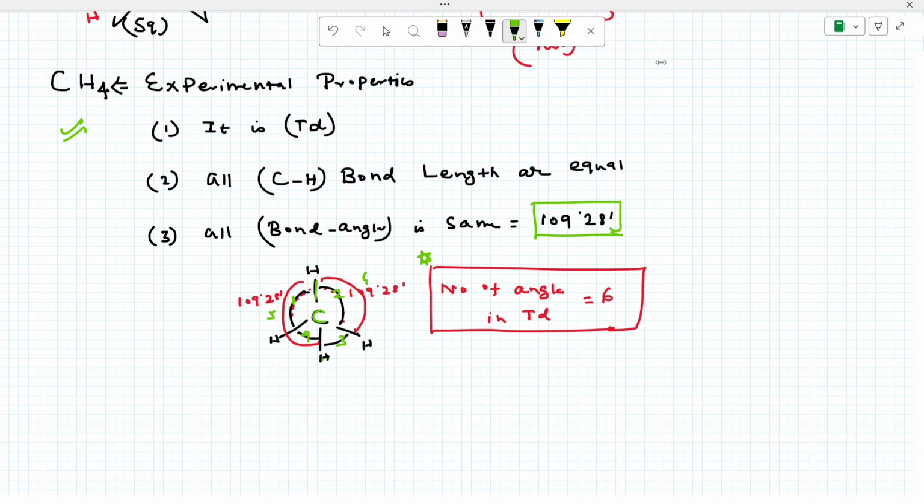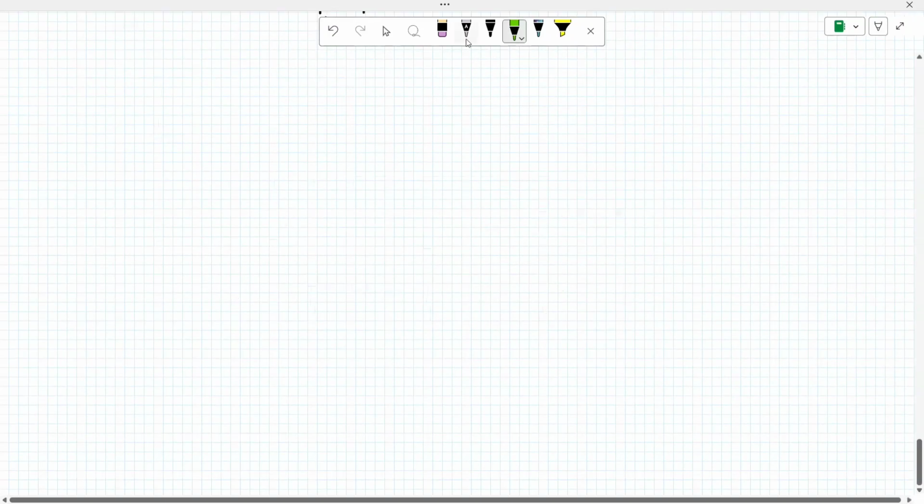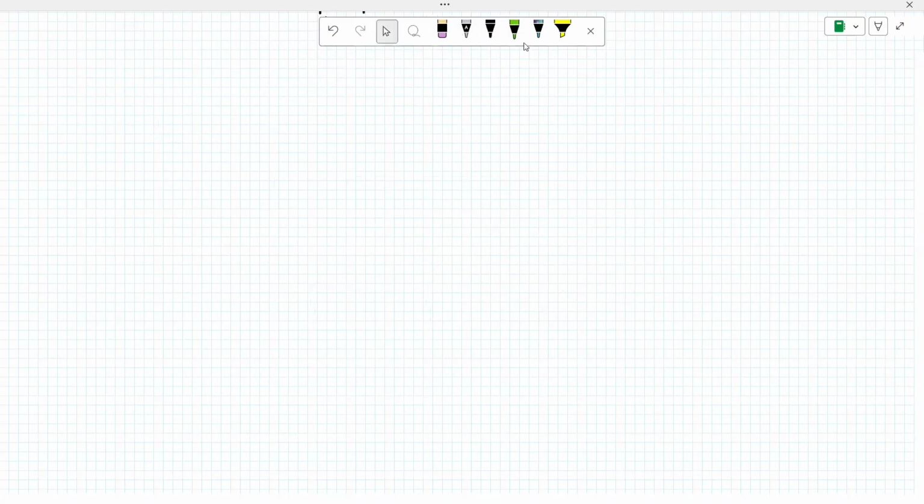Next method. Now I am going to explain the bonding nature of the methane molecule. Now see, the carbon atom: ground state, atomic number 6, configuration 1s2 2s2 2p2.